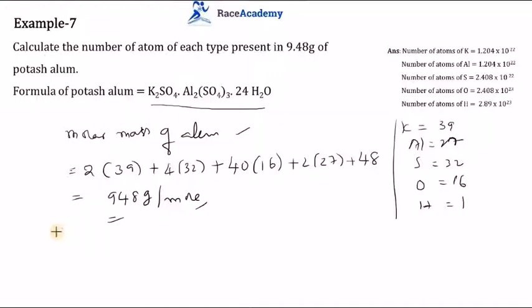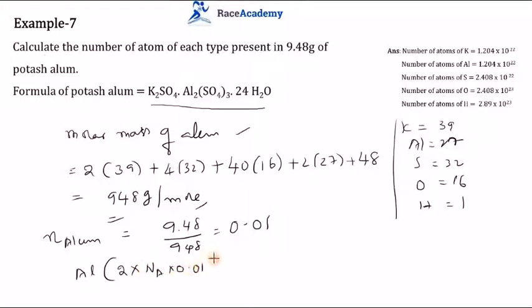First you have to calculate the number of moles of alum, that is 9.48 by 948, which becomes 0.01 moles. For the aluminum case, aluminum is 2 into Avogadro number into 0.01, that is 0.02 into Avogadro number of aluminum atoms present. That is 1.2 into 10 to the power of 22.